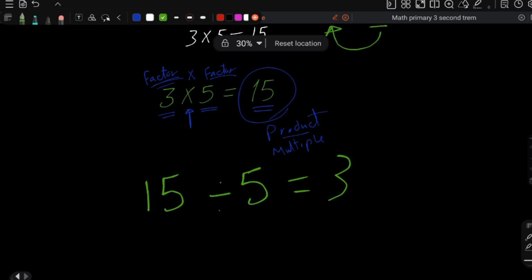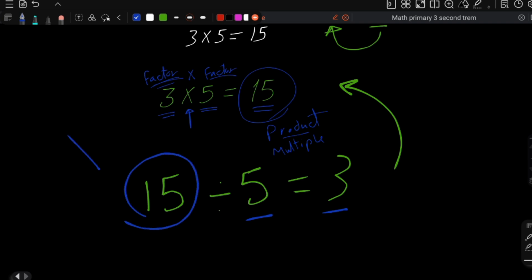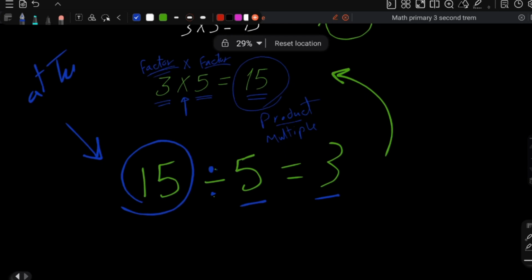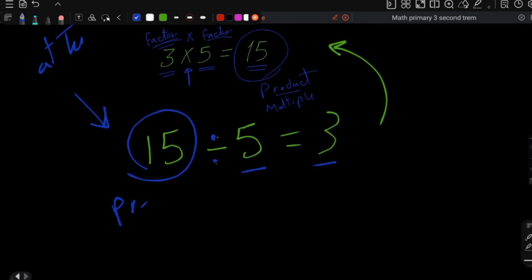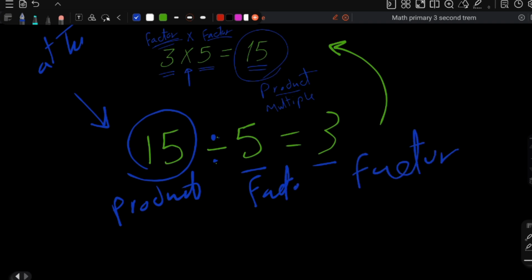So as we said up here, 3 is a factor and 5 is a factor, but the product becomes first, at the beginning in the division equation. In the division, the product will be first. So we can say that the product divided by factor equals what? Yes, exactly, factor.